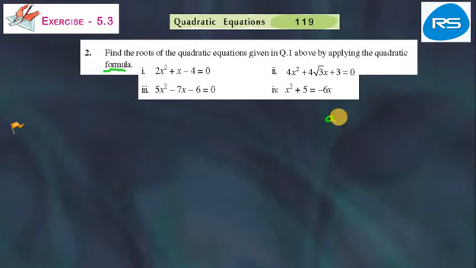Suppose ax square plus bx plus c is equal to 0 is a quadratic equation, where a is not equal to 0.